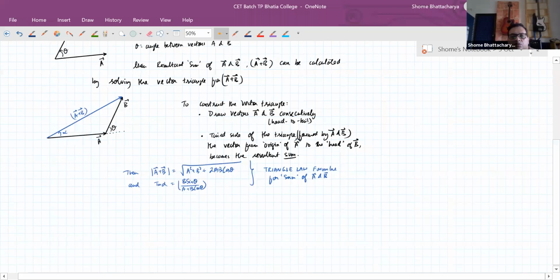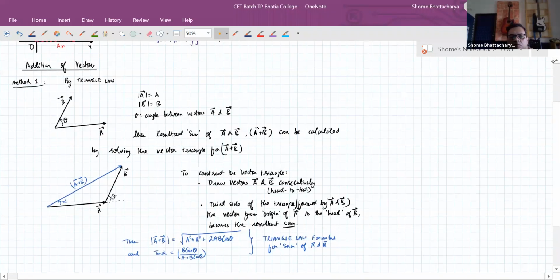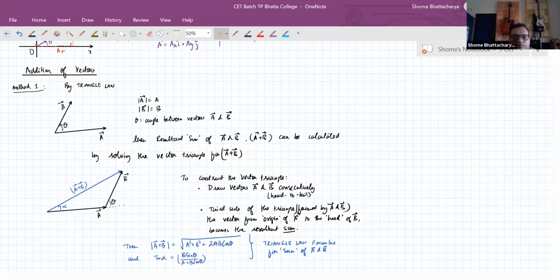Just make a note of this, and then we will understand this with some more examples. You need to memorize these formulae, and you need to understand the construction of this vector triangle also. So just make a note of this part.